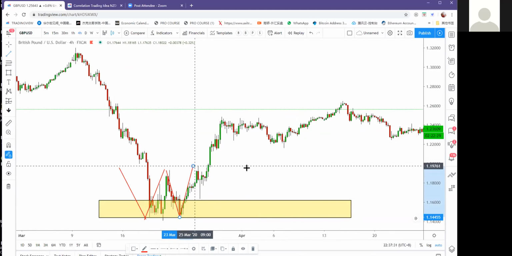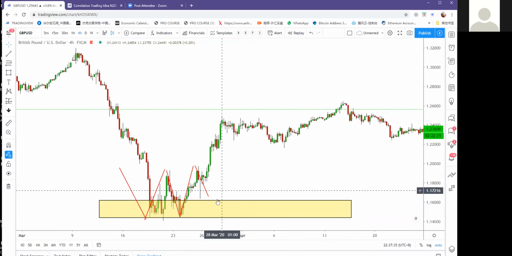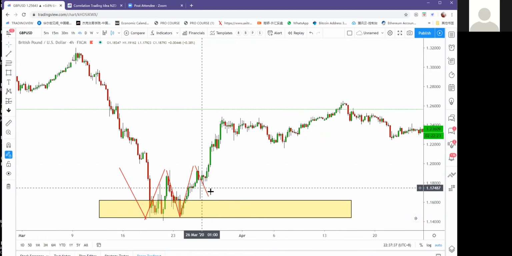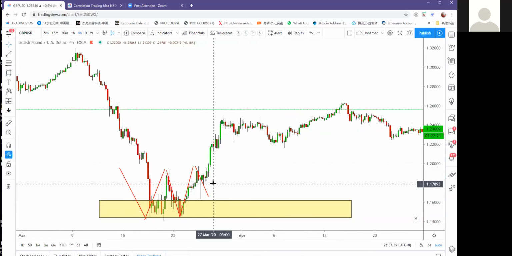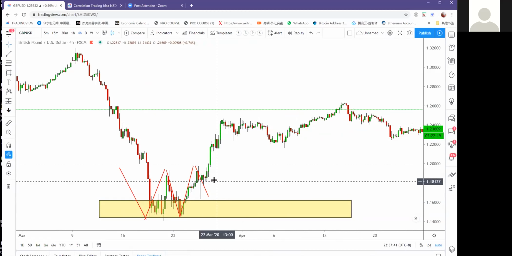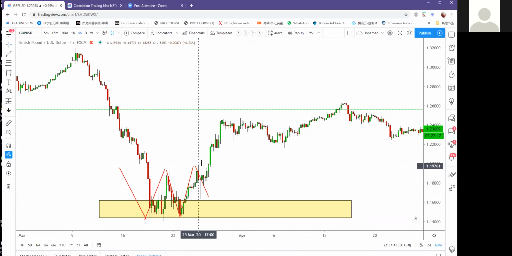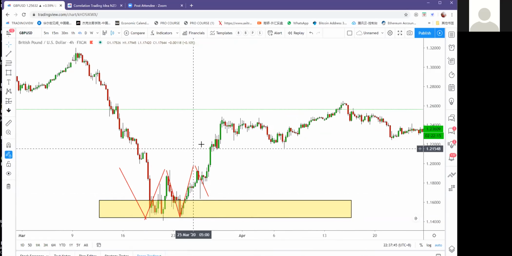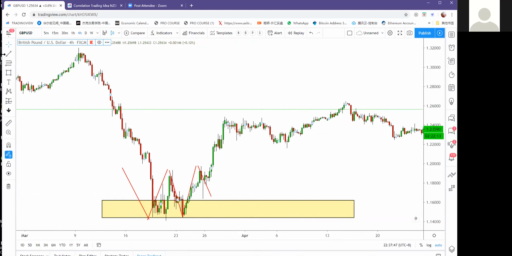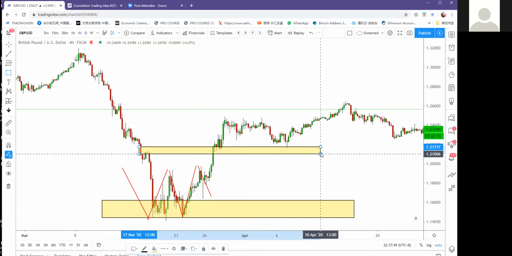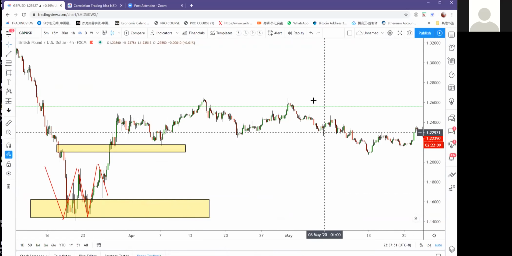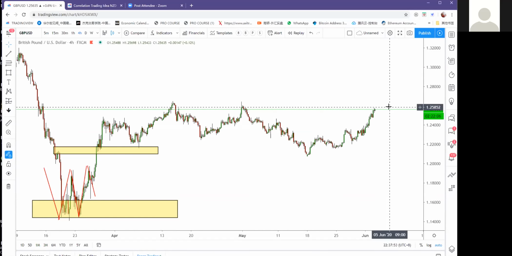Remember, if you forget, you can check all my past webinars. Almost every webinar I mentioned sterling is okay to buy the low. You can use the 2618 trade. You can use the structure breakout and retest. You can use a lot of strategies for you to capture the buy. Now here it goes.